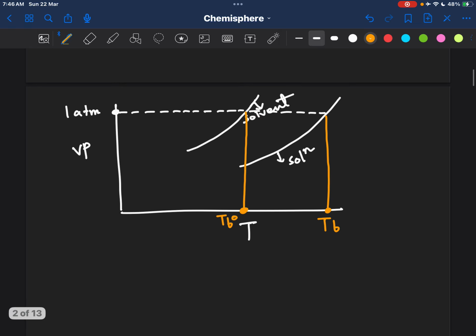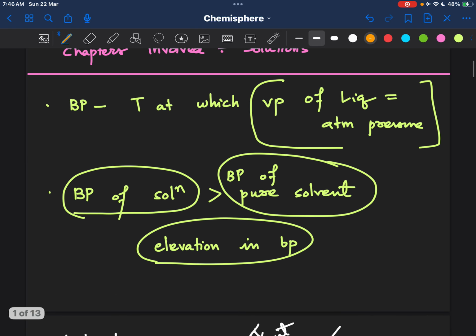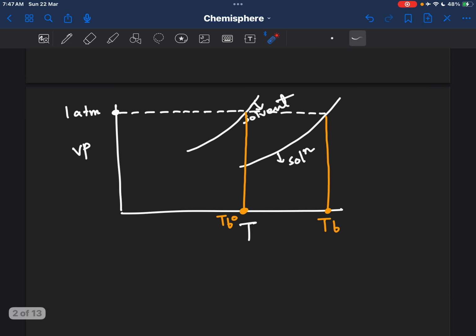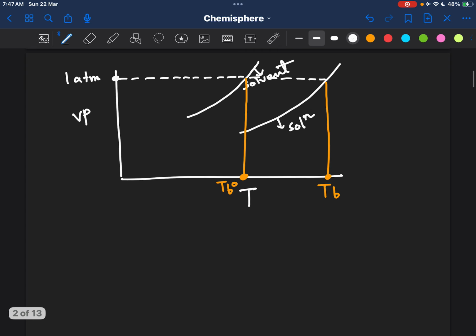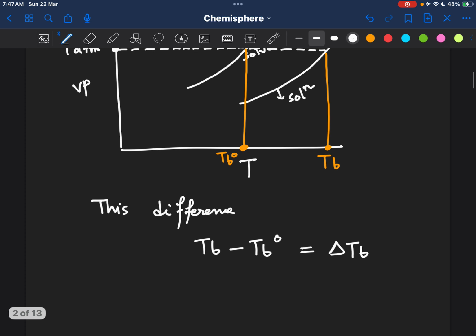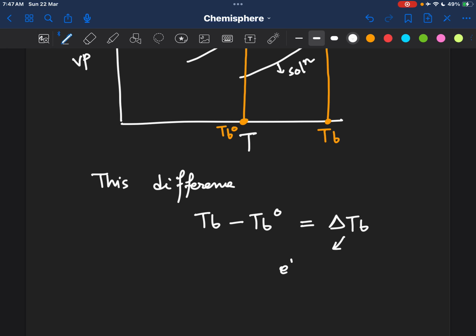Okay, so as we have stated, the boiling point of a solution is always greater than the boiling point of the pure solvent. You can see on the x-axis TB is higher than TB naught. So this particular difference, TB minus TB naught, is known as delta TB, and delta TB is also called the elevation of boiling point.